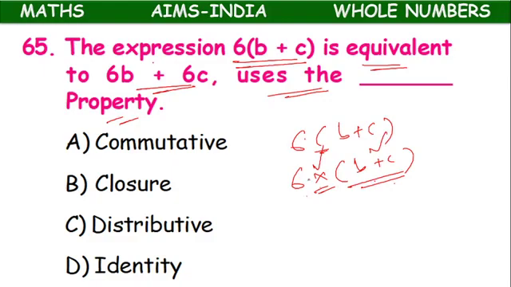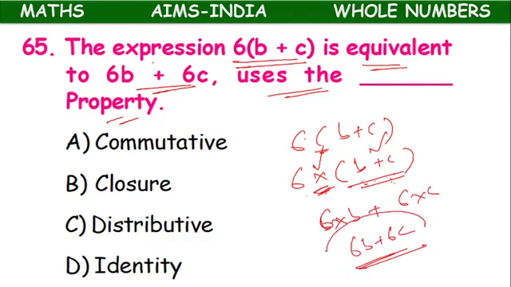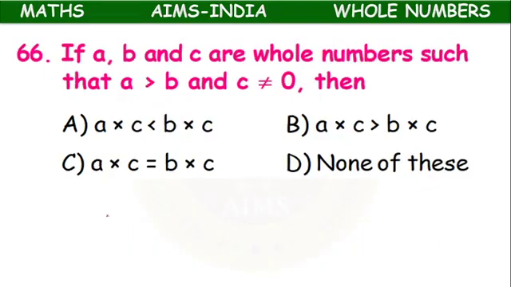So how can we write it? We can distribute this multiplication over both the elements: 6 into B plus 6 into C, 6B plus 6C. Multiplication is distributed over addition, so this property is called the distributive property. 65. C option is the correct answer.